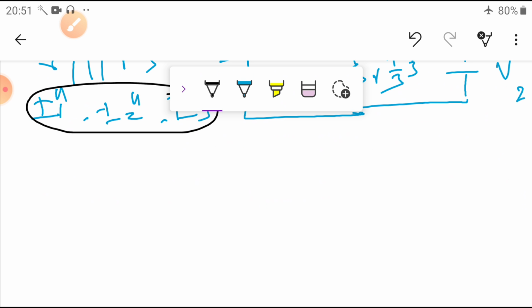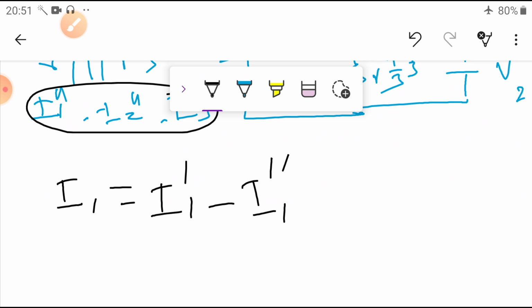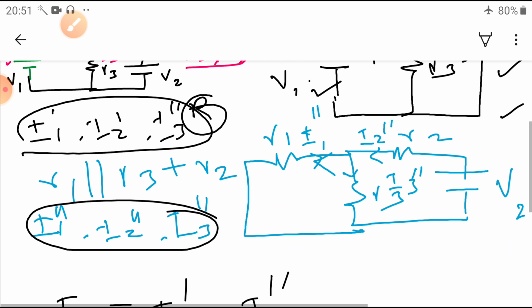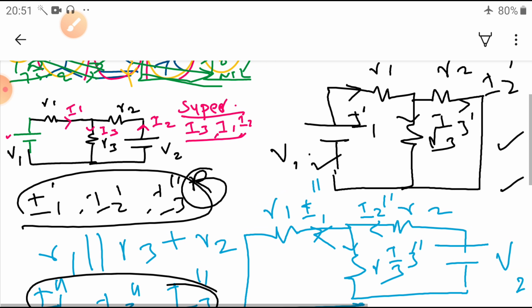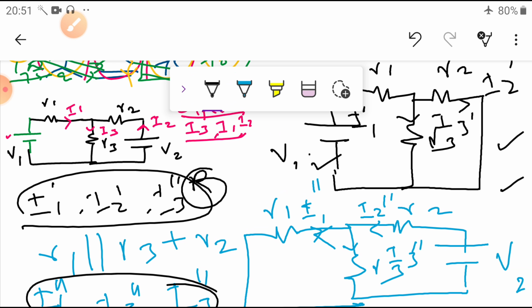So, here the I1 current is equal to I1 dash minus I1 double dash, because in one direction the current taken is, you can see here what has happened. In the first case I assumed the current in this direction.